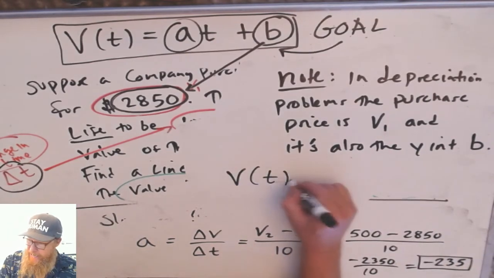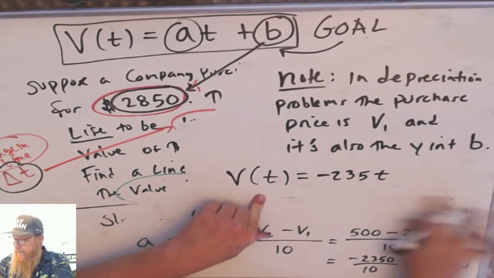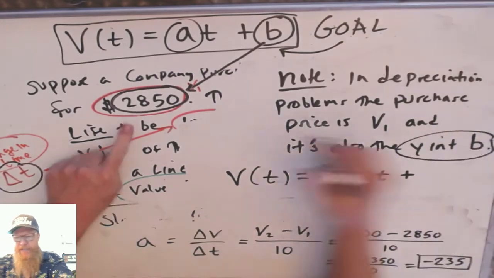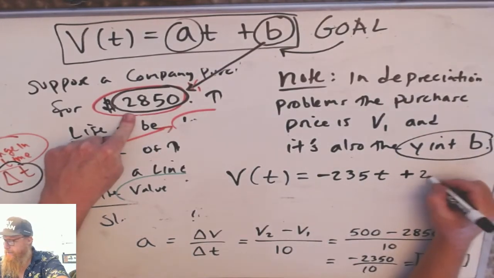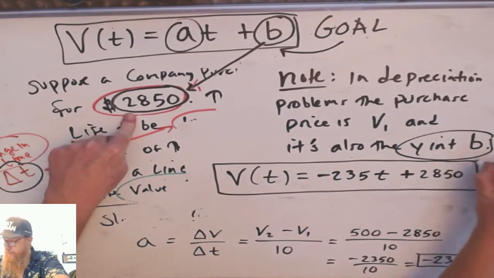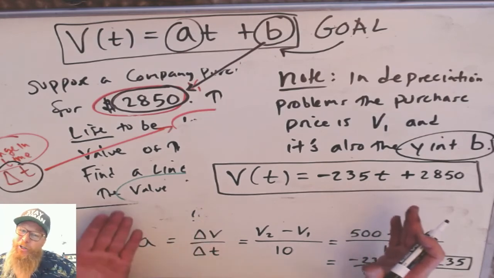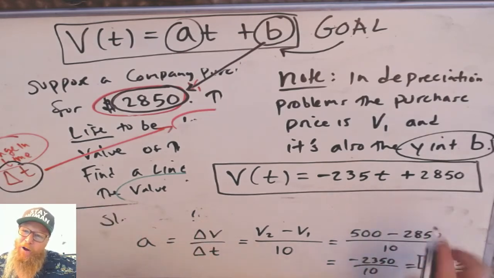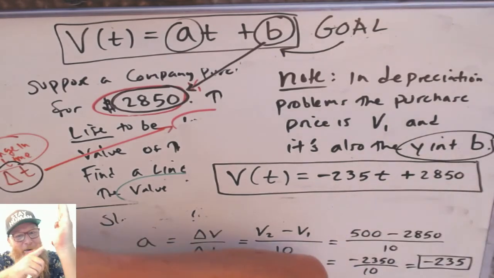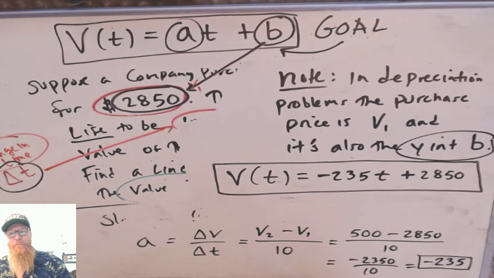V of t is negative 235t plus the Y-intercept, which is the purchase price, 2850. And again, I didn't draw the graph. I said I could have, but I'm already on over an hour now. If you drew the graph, this 2850 would be where it crosses the y-axis.